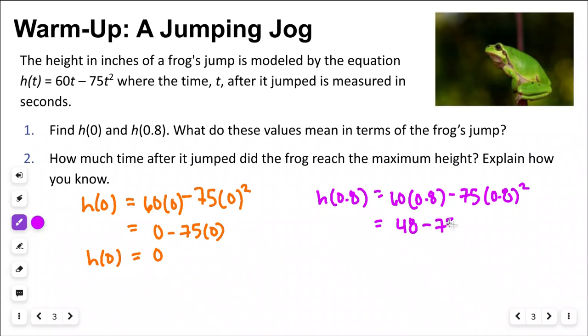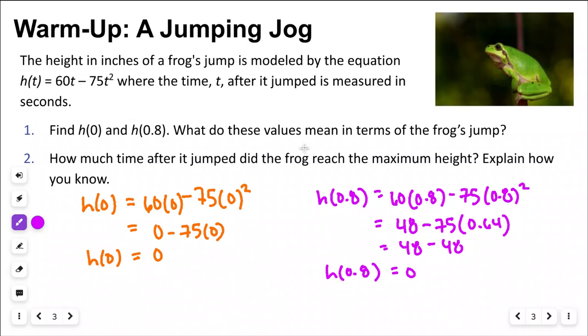Minus 75 times 0.8 squared. 0.8 times 0.8, that's 0.64. And then 75 times 0.64 is 48. And so we get 0. H of 0.8 equals 0. So we've gone ahead and we found both of them.